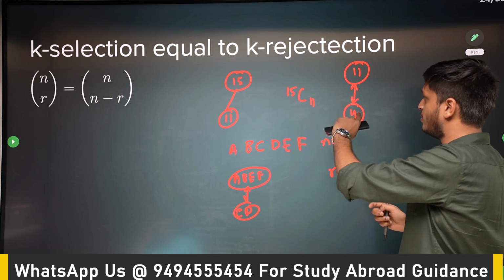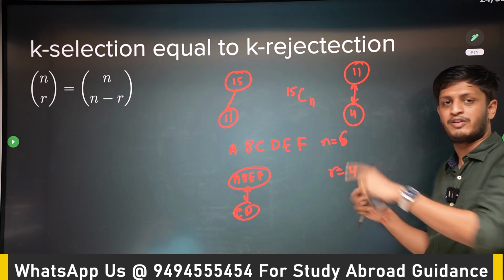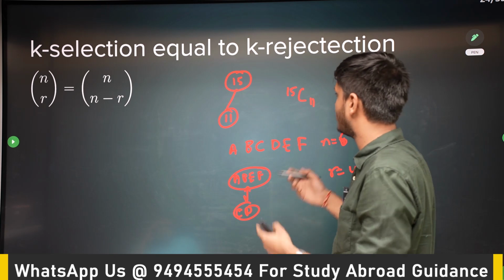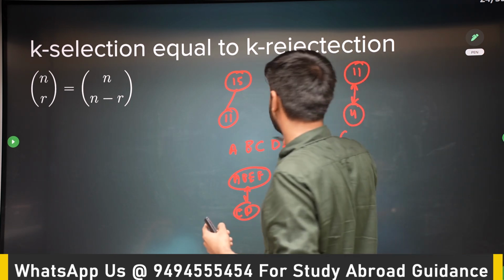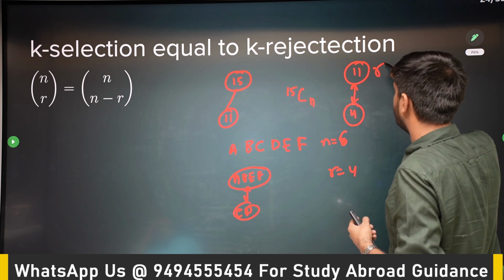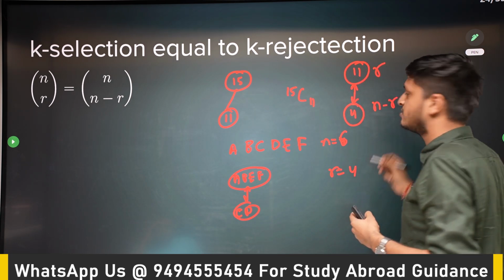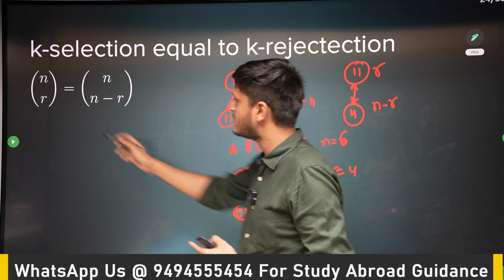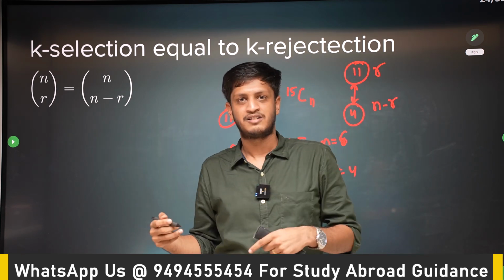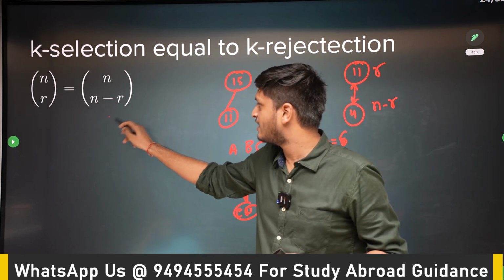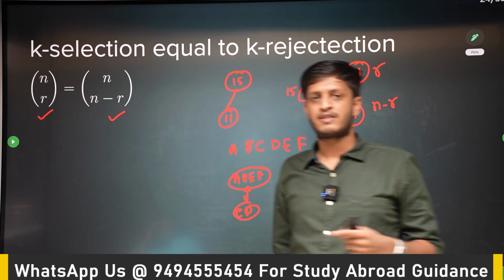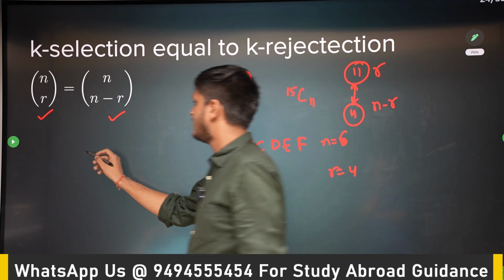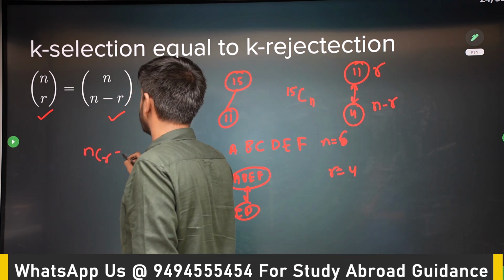So similarly here, 4 different people get rejected if 11 different people are getting selected. Think about it, there is a one-to-one mapping. If you're selecting R people, you are rejecting N minus R people every time. So that's why nCr will always be equal to nC(n minus r). This is rejecting R people, and this is selecting R people. So N choose R is equal to N choose N minus R.